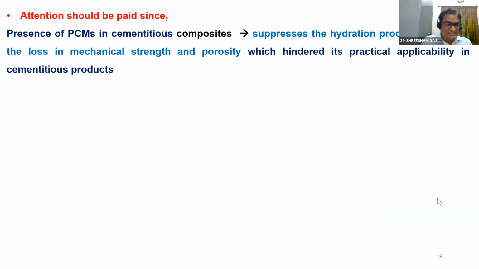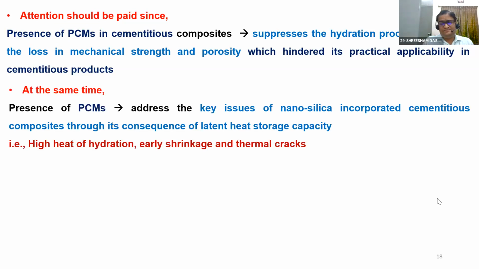So the challenge here is that the moment you add phase change material, your hydration is hindered. If hydration doesn't happen, there will definitely be a loss in compressive strength and an increase in porosity. That is what we don't want. So that is the reason for what we have done.